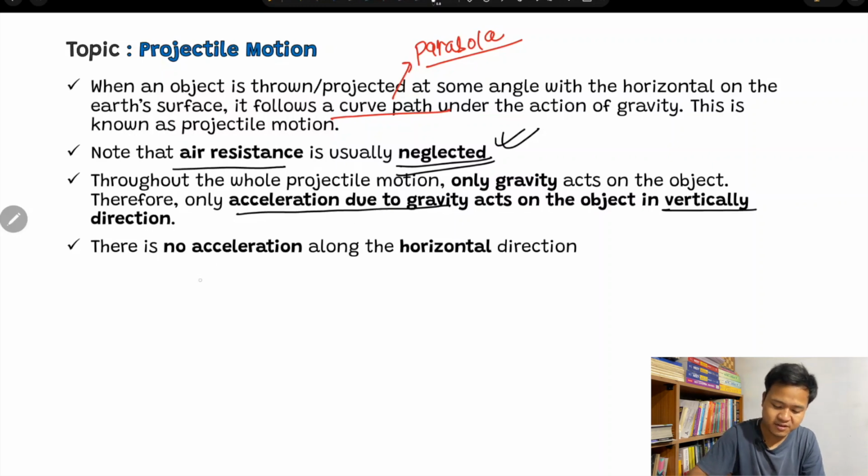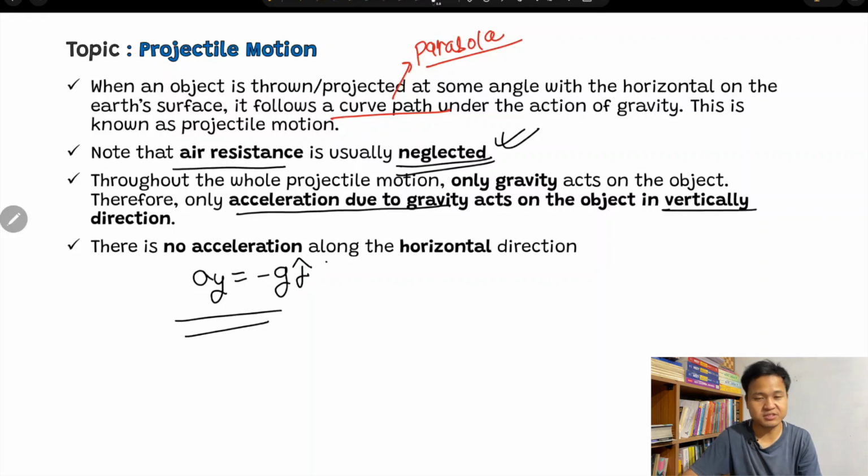So you will have a_y, right? So a_y means vertical, so a_y equals to minus g j cap, right? So this is acceleration due to gravity, okay? So always downward.